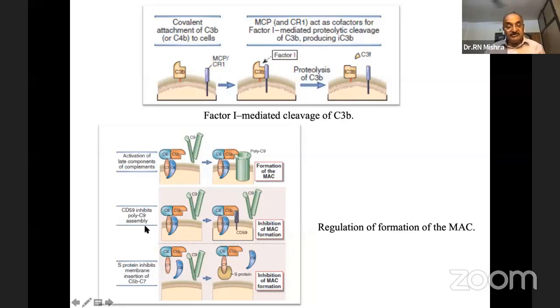So even the late assembly of the complement pathway can be inhibited by this molecule. And S protein inhibits membrane insertion of C5b. So you can have inhibition of MAC formation by these two molecules, CD59 and S protein.